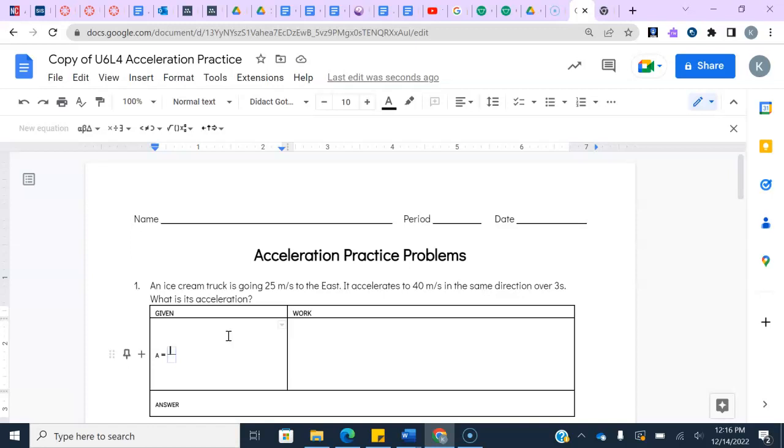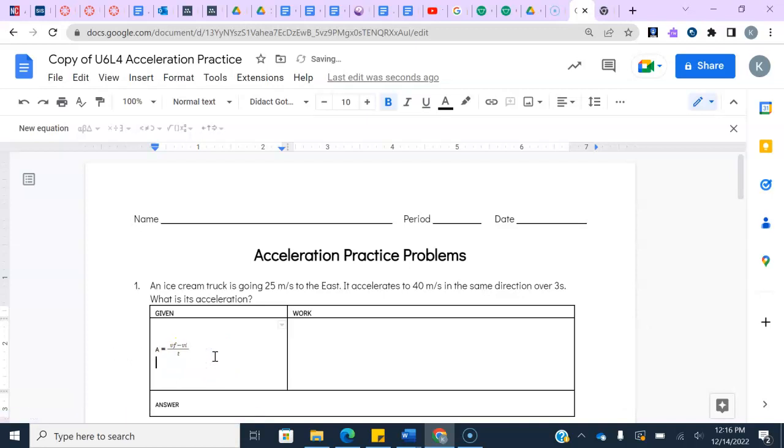So our acceleration is equal to our final velocity, which is notated as VF, minus our initial velocity, which is VI, all over time. Okay, that is going to be the equation that we use for all of these problems. So acceleration is equal to our final velocity minus our initial velocity all over time.